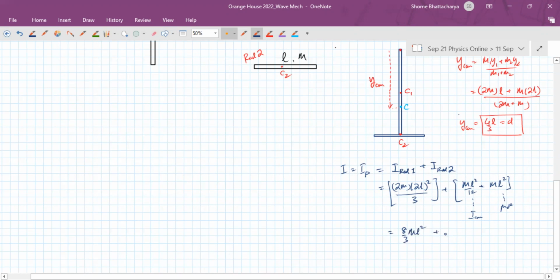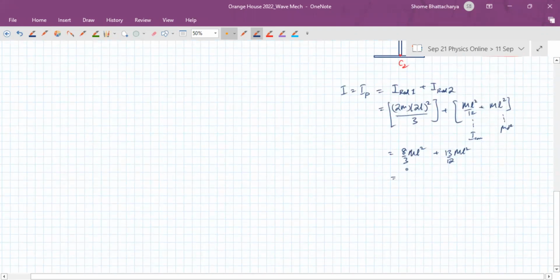plus 13 by 12 ml square for this one. So 32 plus 13, 45 by 12. So I think this is the moment of inertia.